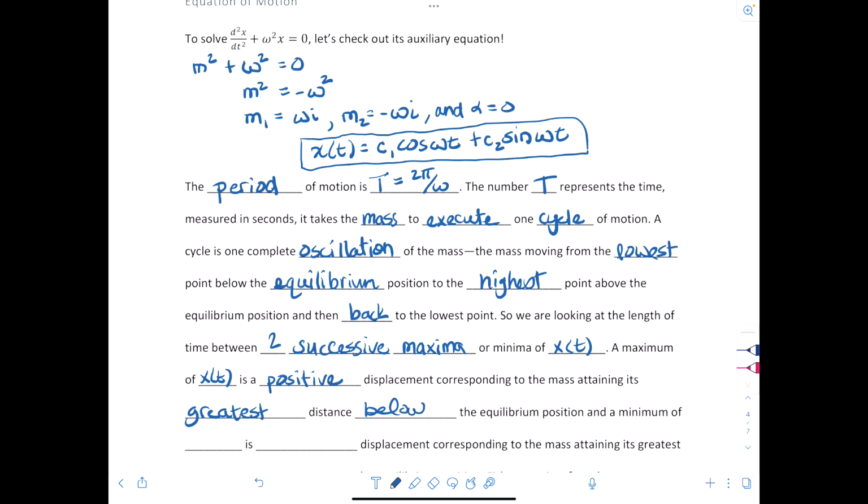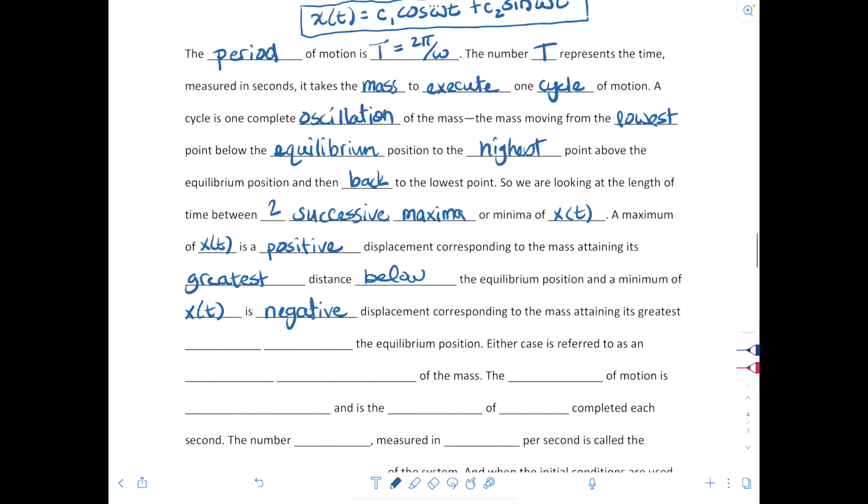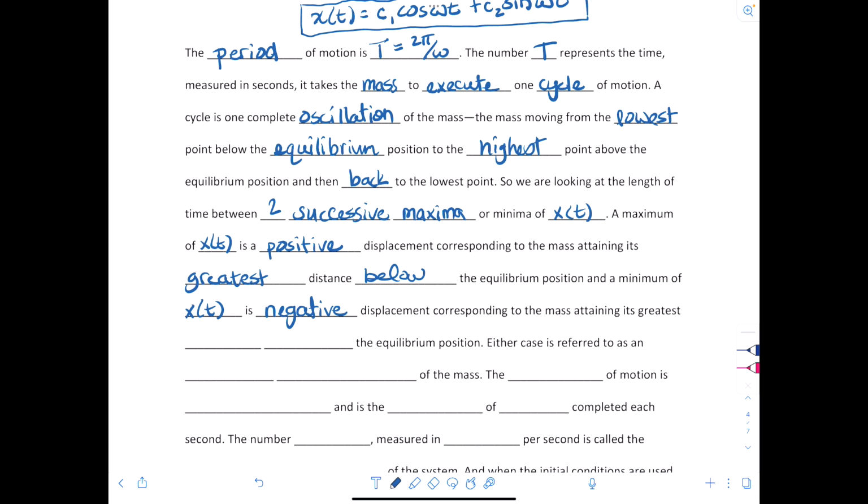And a minimum of x at t is a negative displacement corresponding to the mass attaining its greatest height above the equilibrium position. Either case is referred to as an extreme displacement of the mass.